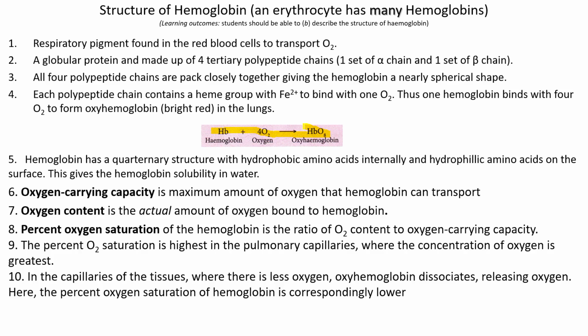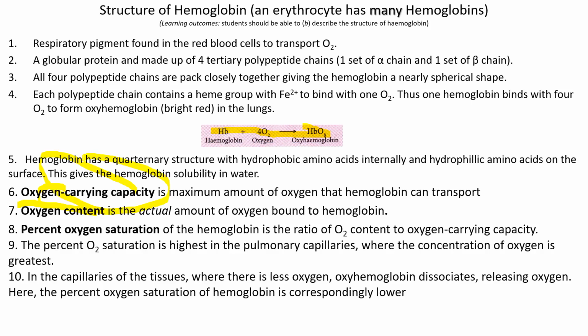Percent oxygen saturation of the hemoglobin is the ratio of oxygen content to oxygen carrying capacity. Okay, that is the percent of oxygen saturation.